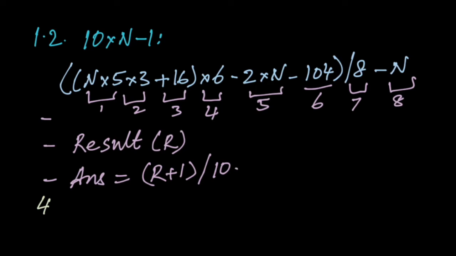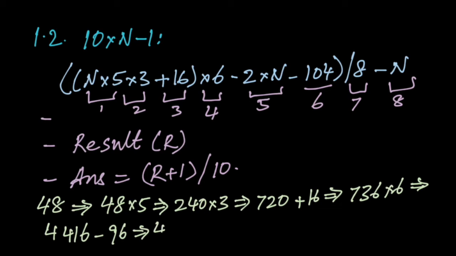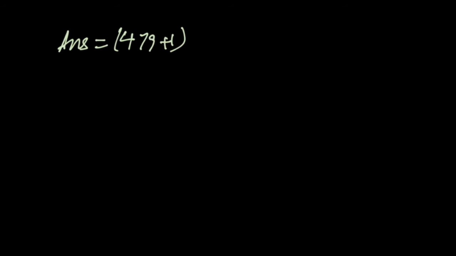Suppose again we took 48 as our example. If you follow the steps, these are the 8 steps. You will get 479. You add 1 and divide by 10, so you get 48.